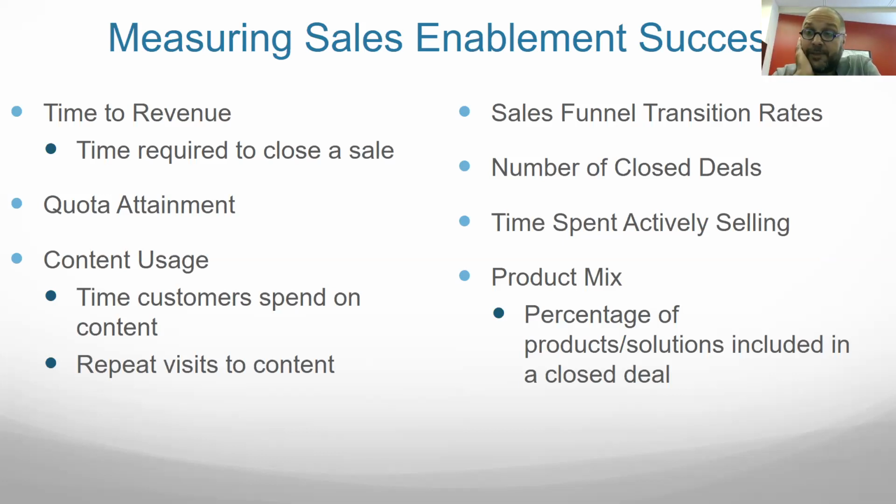You can also keep a measure of how many closed deals you have. If your sales enablement is working well, you should be closing more deals. If your sales enablement is working well, you should be able to spend more time actively selling rather than doing repeat grunt work.